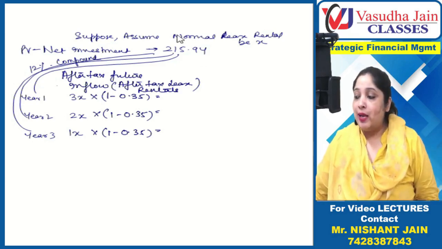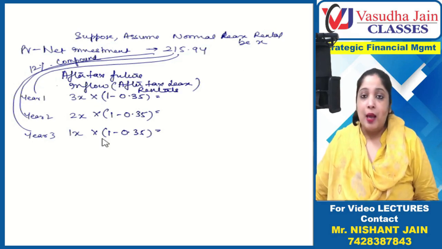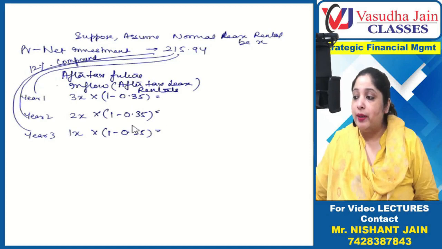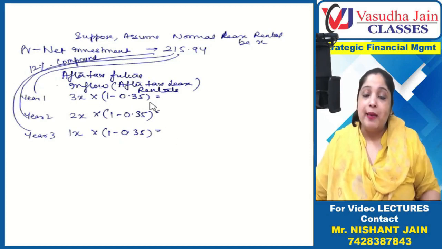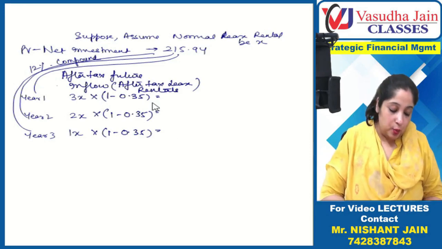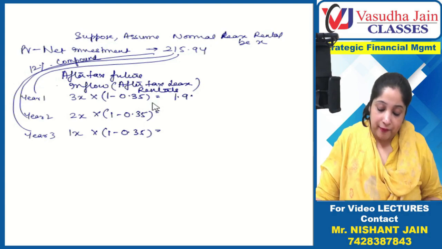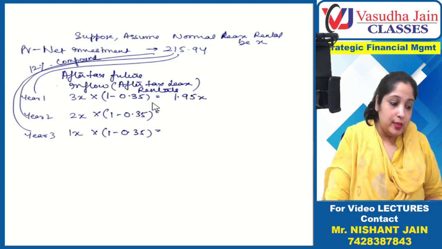After doing the investment, I will be getting this income, but this income is taxable. So after paying the tax, how much will be returned? How much net effect will there be? 3x into 0.65. So 3 into 0.65 is basically 1.95x. Then this is basically how much?